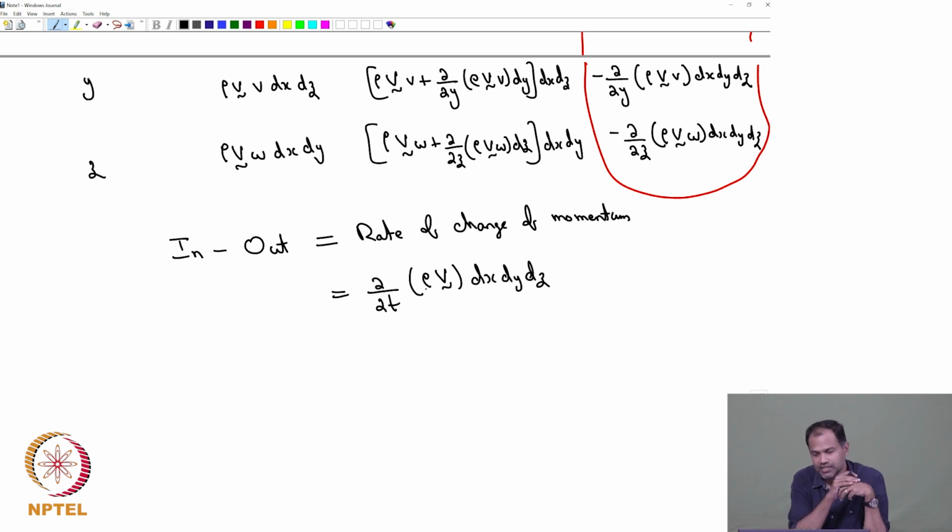Rho is the density, rho times dx dy dz gives you the mass, mass times v gives you the momentum, and del by del t is therefore the rate of change of momentum.